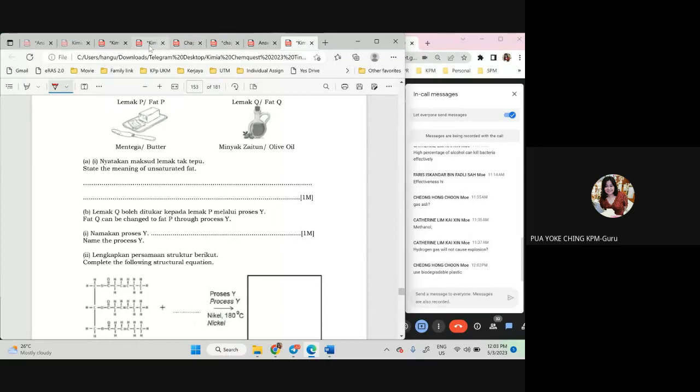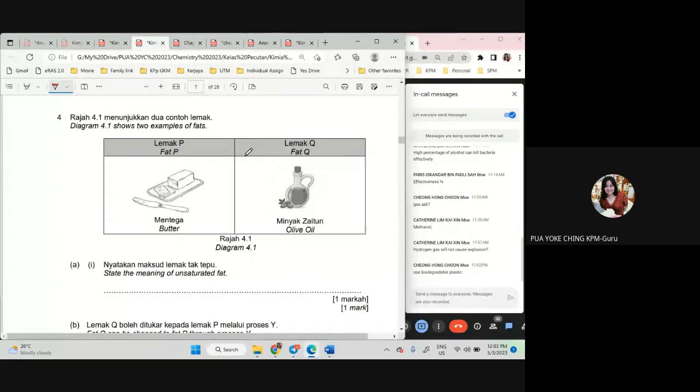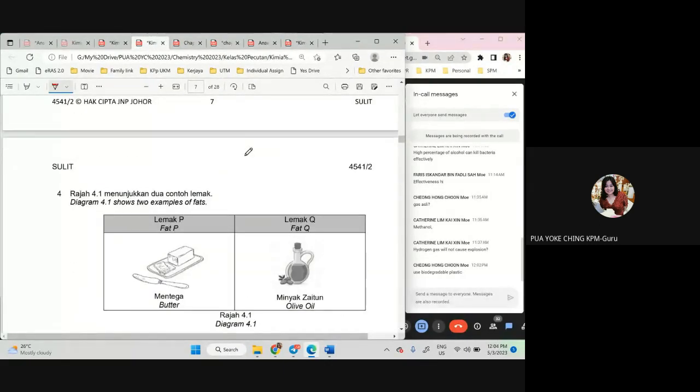So kalau dalam set ini, is this one lah. Okay, chapter 5, you can classify to a lot. You have fats and oils. You got food additive. You have cosmetic. Apa lagi? Medicine.